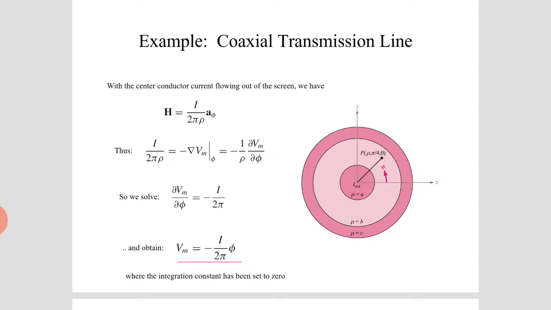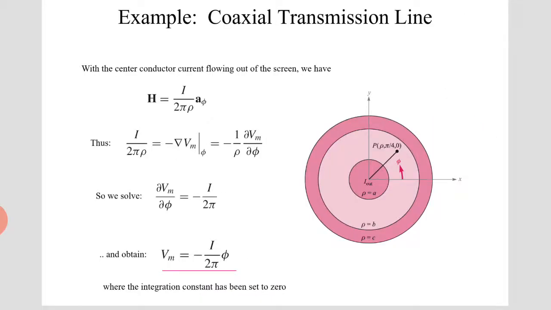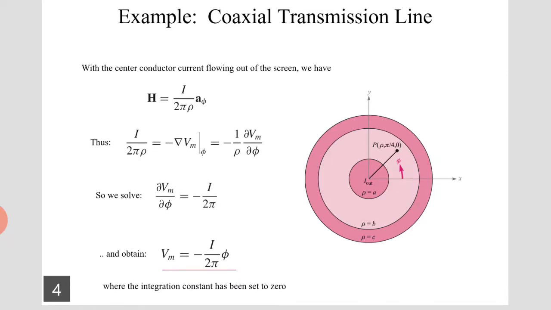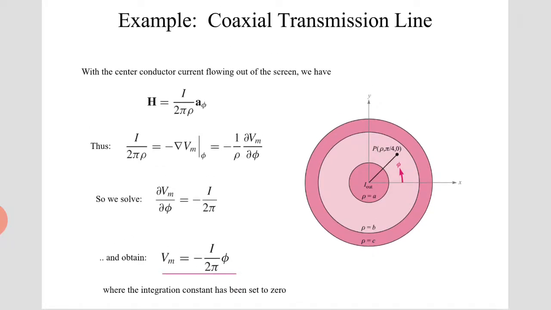You can observe in the figure the coaxial transmission line on the xy plane, having radii rho is equal to a, rho is equal to b, and rho is equal to c, with the center conductor current I flowing out of the screen. We take a point P, which is at rho comma pi by 4 comma 0.